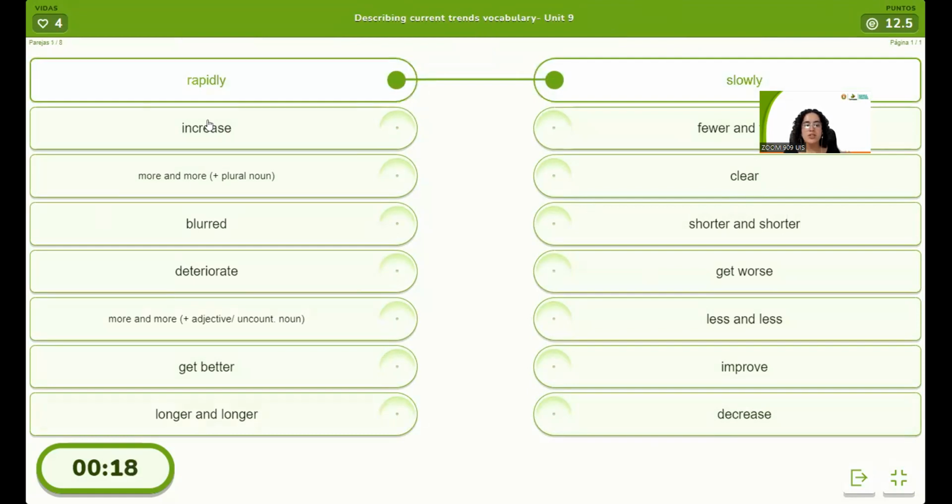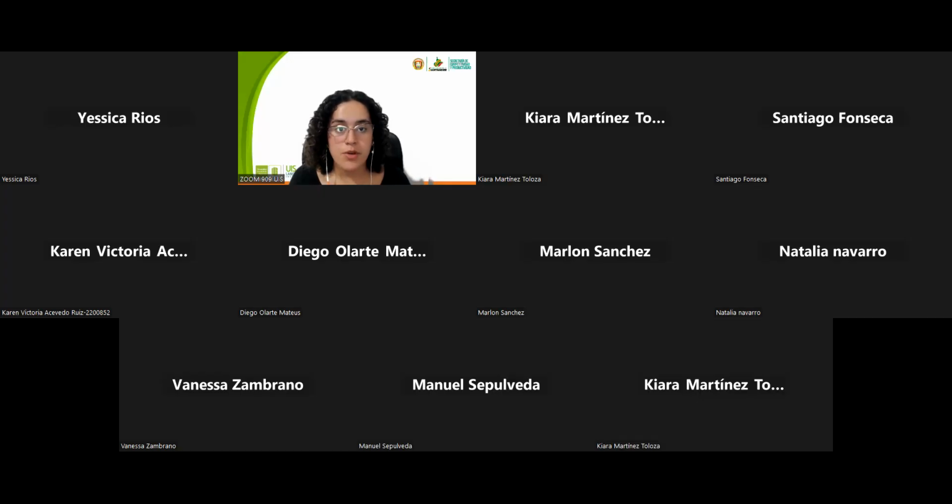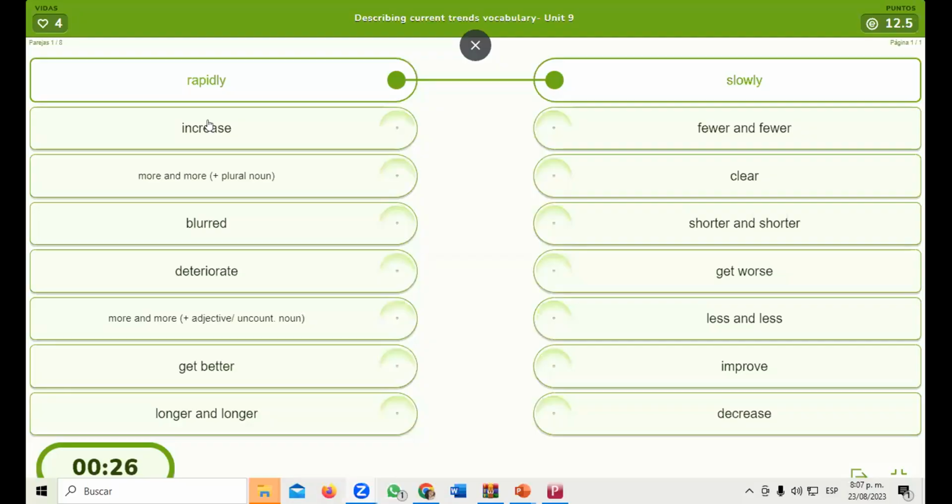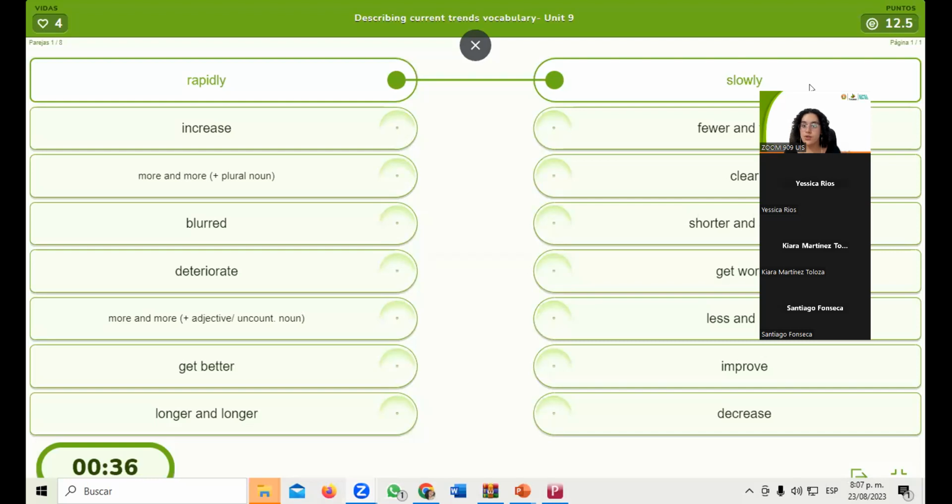Let's take 5 minutes to complete the activity and you share the number of points that you will get from the activity, right? So this is the link. Let's complete it and then you share your points on the chat, please.